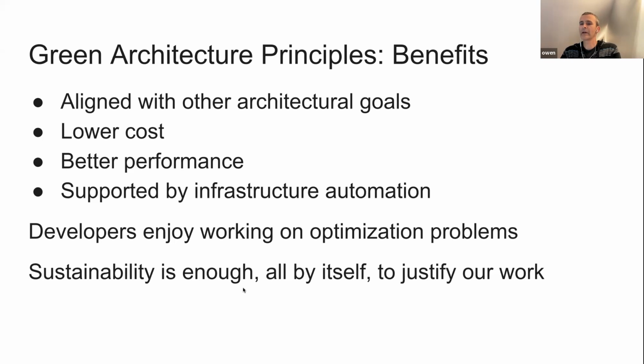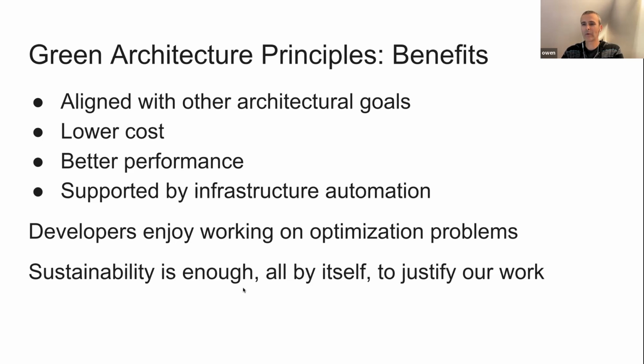And a lot of this is supported by infrastructure automation. Infrastructure automation gives you that flexibility to be able to move to a different region within your cloud provider, or to a different cloud provider, depending on the sustainability characteristics of that provider. I think these are also great problems for developers to work on.